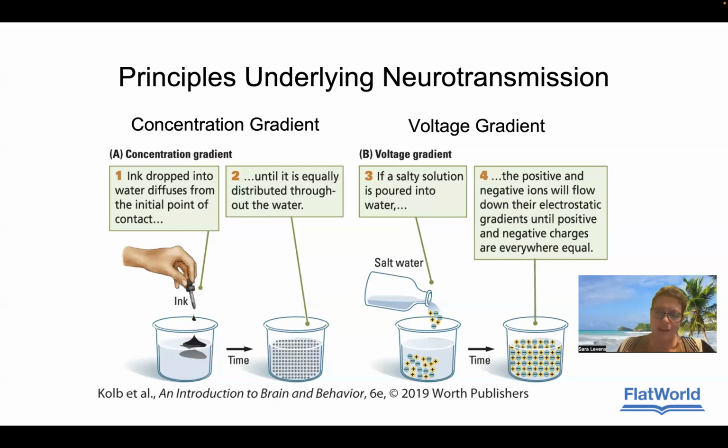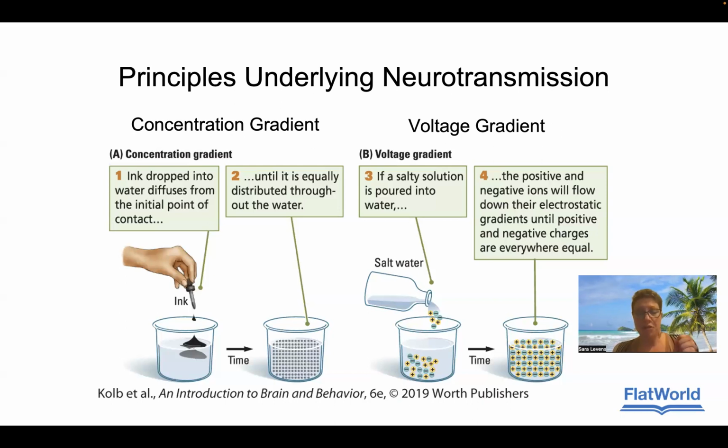But all of those molecules have to follow this concentration gradient and voltage gradient. So when you put up a semi-permeable membrane, the inside of the cell that's negative is going to try to attract positive things from the outside of the cell, and that's going to pull things in this way.